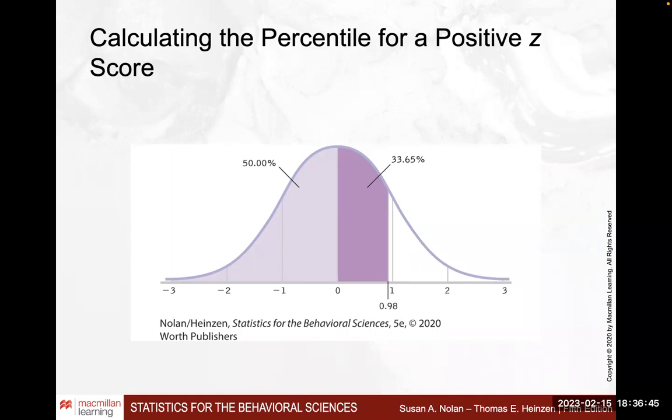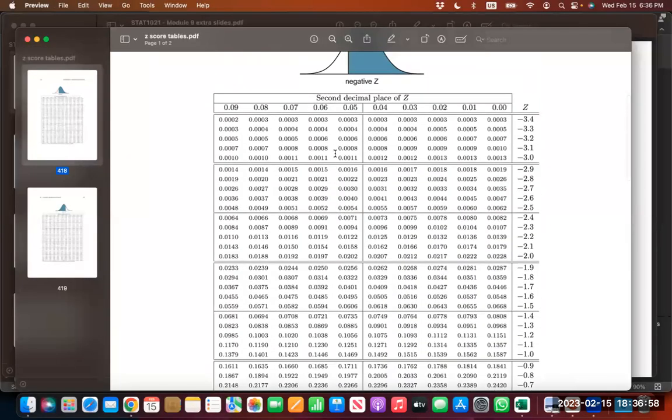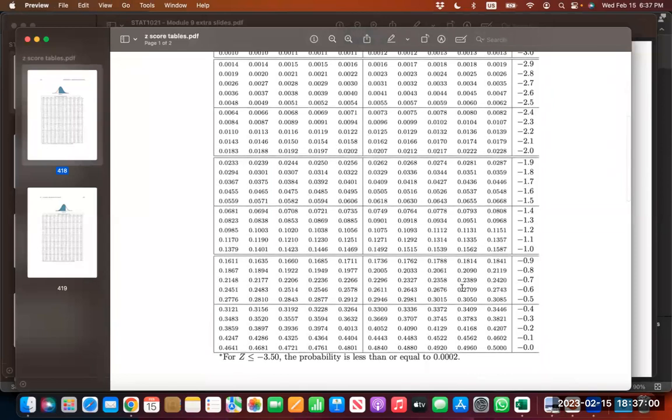If I want to know 25% of my population is below which blood pressure value, I basically go into my distribution table. I look for 25, which is somewhere here at 0.6, was it 0.68? That's 25.